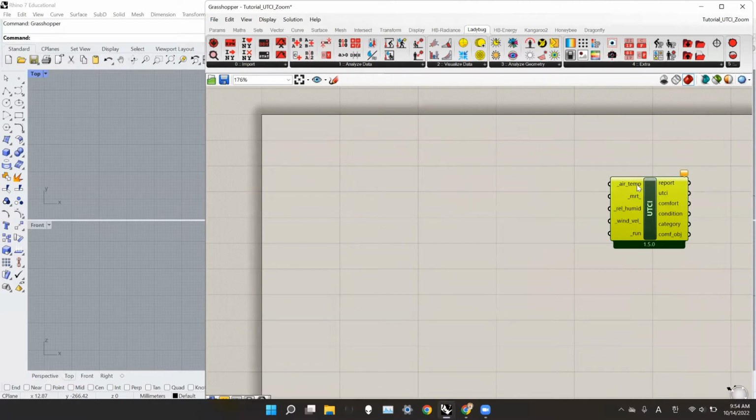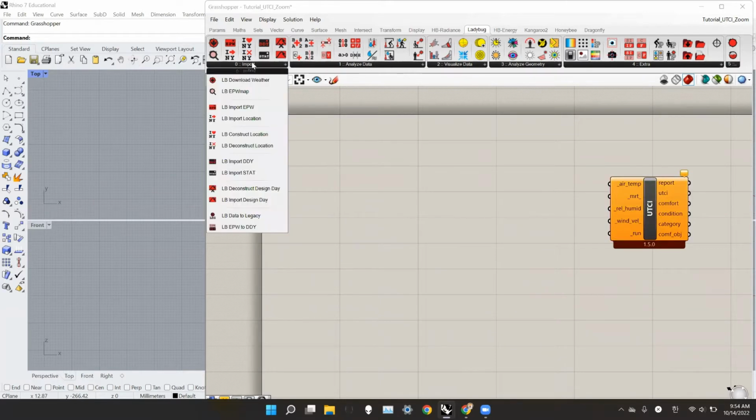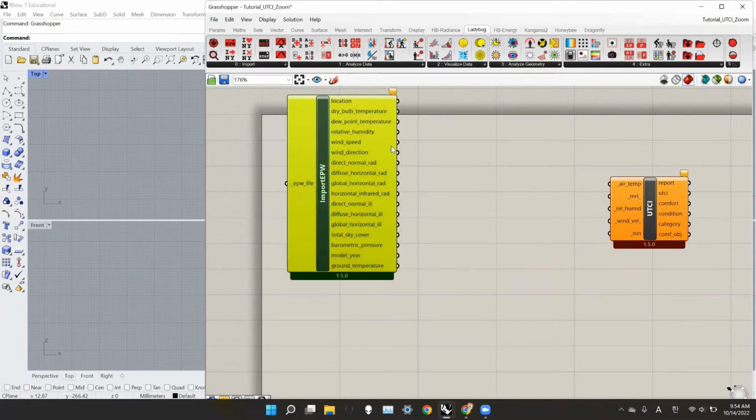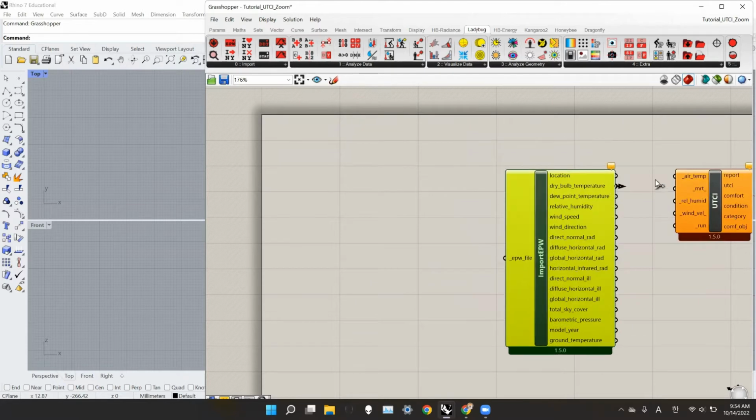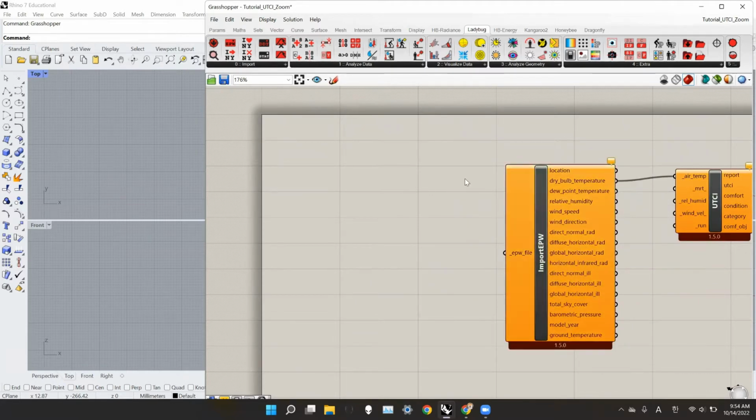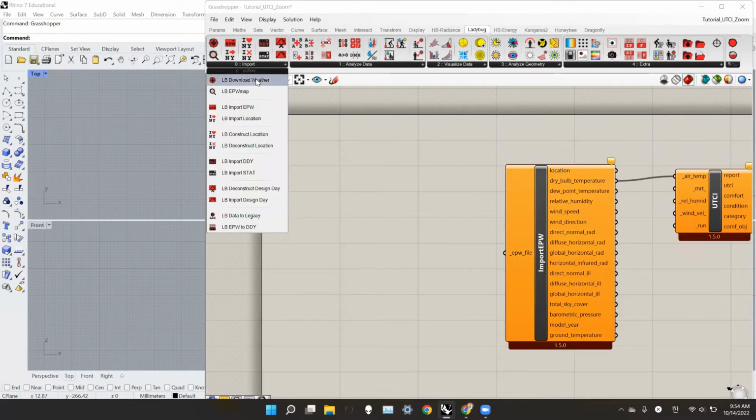Yesterday I said the air temperature can be the same as the dry bulb temperature, meaning that we need to bring the weather data. We can bring the dry bulb temperature here, and it says we need an EPW file.